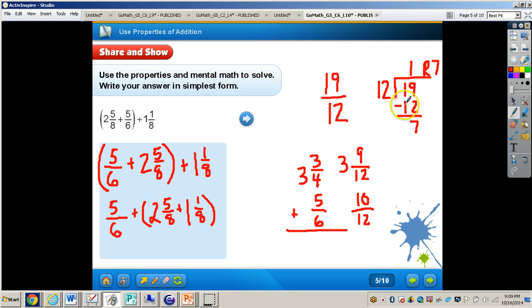Now that division problem equals 1 7/12. Now I'm going to take that 1 7/12 and add it to my whole number. I know I'm kind of going all around here, but hopefully you're able to follow me. 1 and 7/12 added to that whole number, you can see, is giving me 4 and 7/12 for my answer.